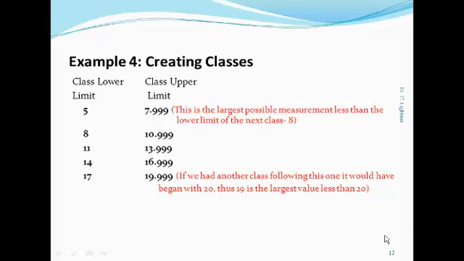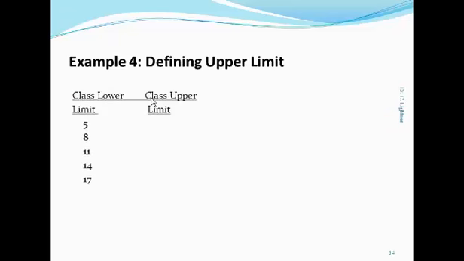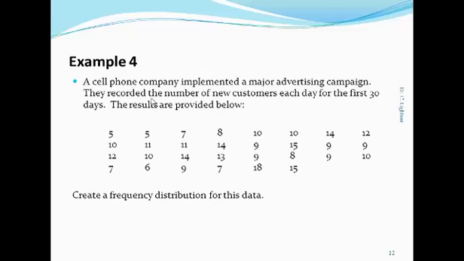Now that we have defined our classes, we should determine the frequency for each of these classes. For our first class, 5 to 7.999, our frequency is 6. If we go back to our original data set, we will see that there are exactly 6 values in this data that fall between 5 and 7.99.